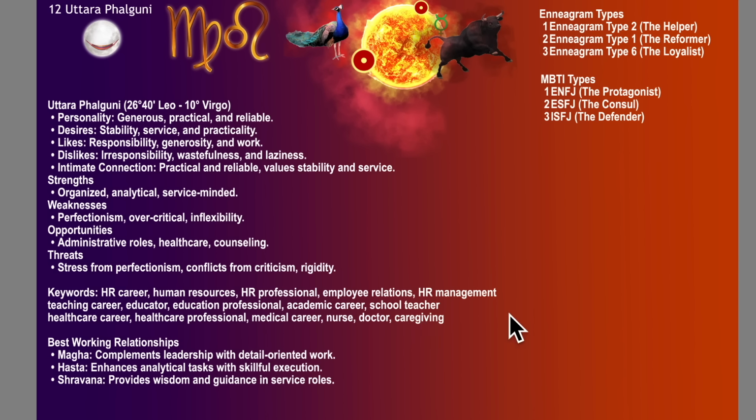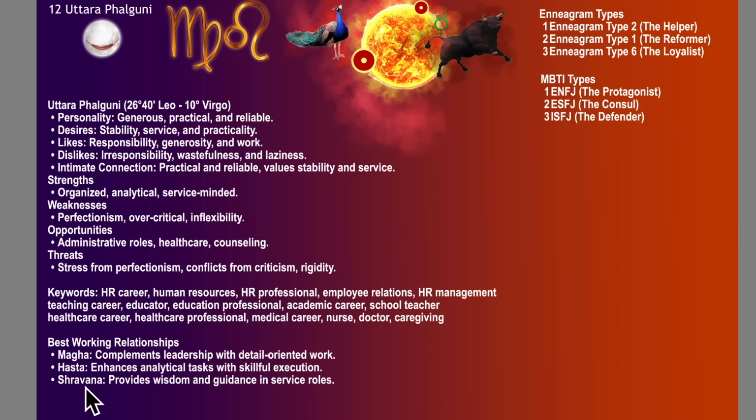So all career is generally very practical, very human oriented. We can see that theme in Uttara Phalguni. The best working relationships they have is with Magha Nakshatra, which complements leadership with detail-oriented work. Hasta Nakshatra enhances analytical tasks with skillful execution, because Hasta is the next one, again in Virgo, two grounded signs.